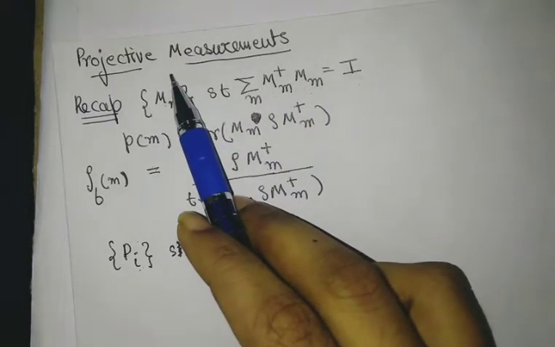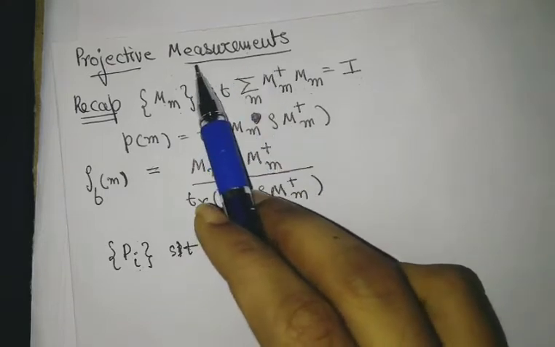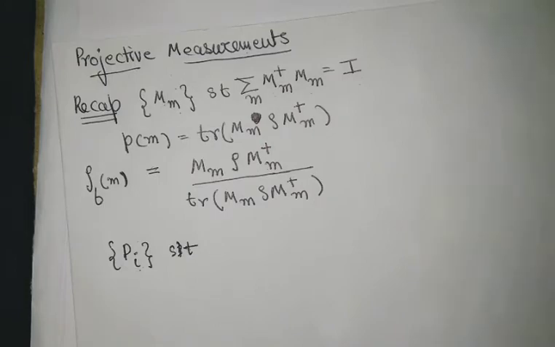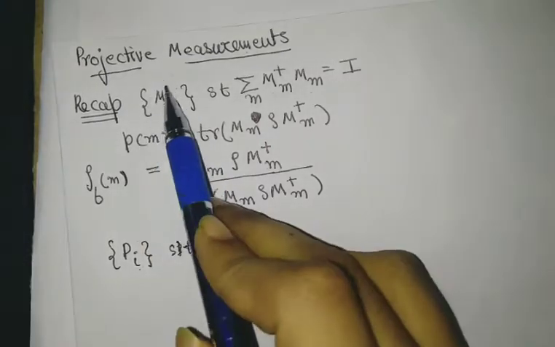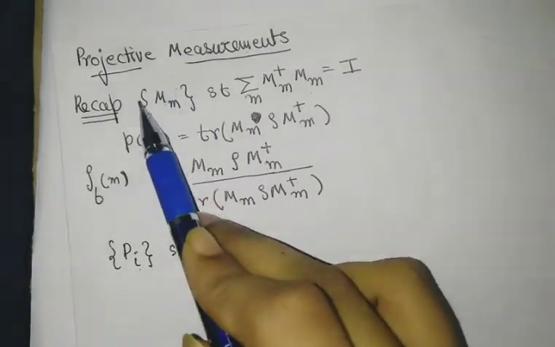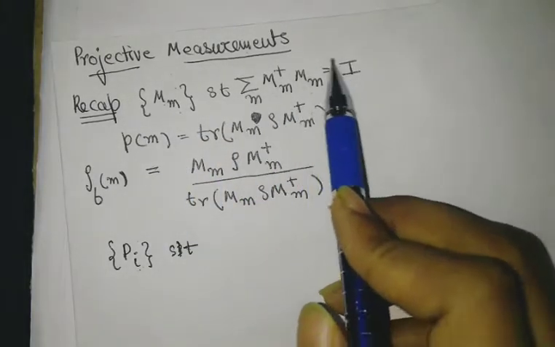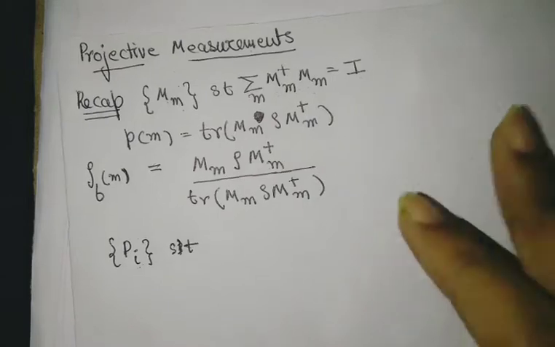So you see, in one of my previous lecture videos, I discussed what a measurement operator is. You give me a set of operators, with m as the index, such that they follow the completeness relation.